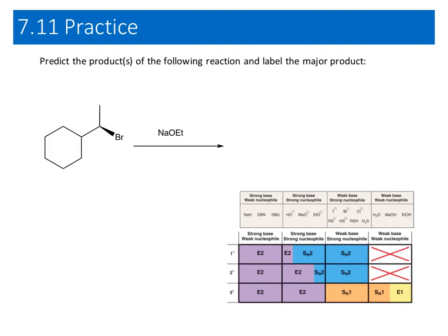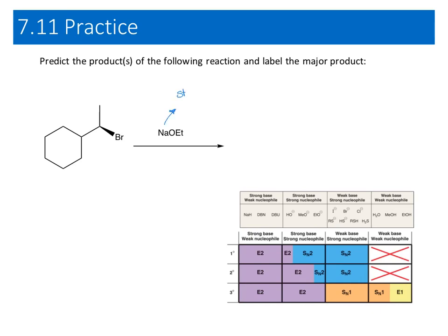Now let's look at this example. Again, the first step is looking at the reagent, which is sodium ethoxide. So EtO is ethoxide, and if you look at the table, ethoxide is a strong base and a strong nucleophile.